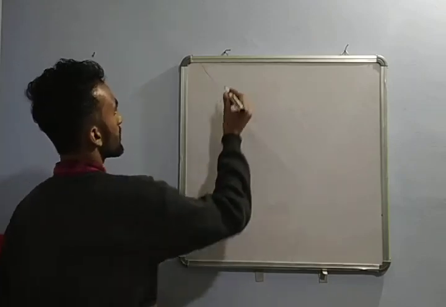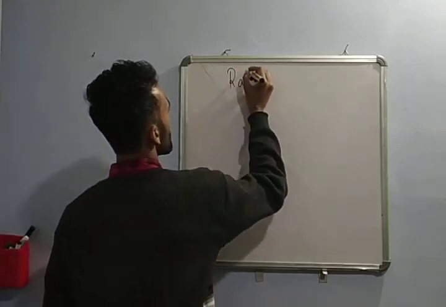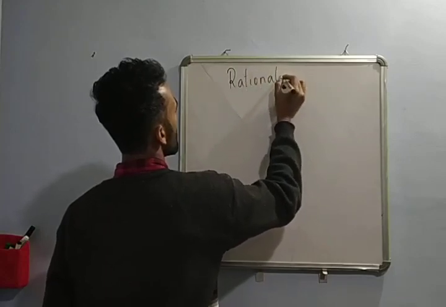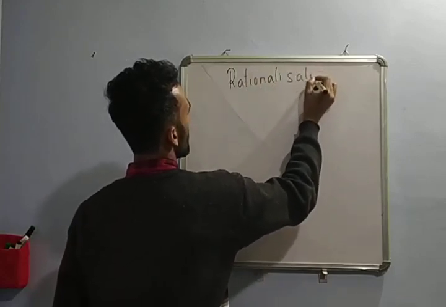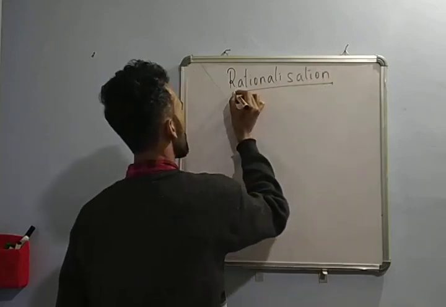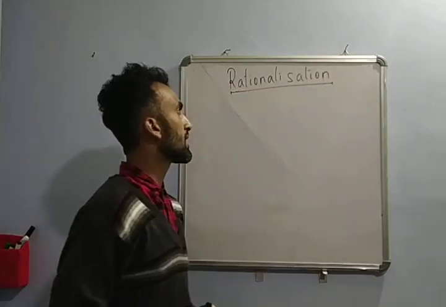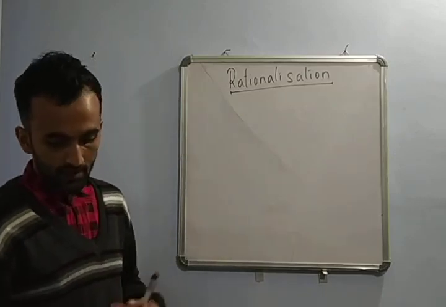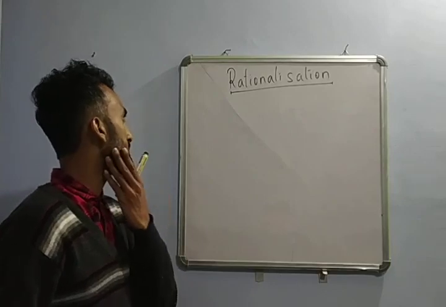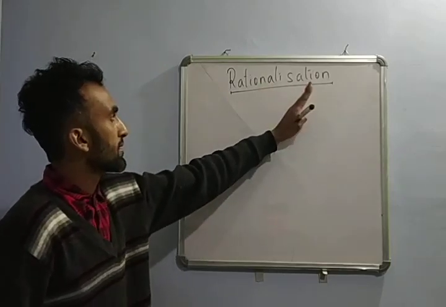Today I'll give you a small concept for rationalization. This is for the next exercise. I am giving you the concept. Rationalization. What is this rationalization? What does it mean? So let's try to understand what it means.